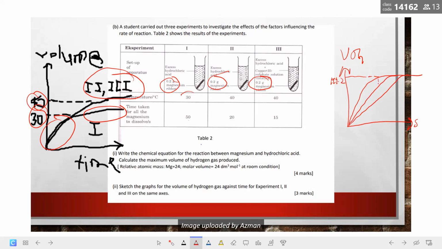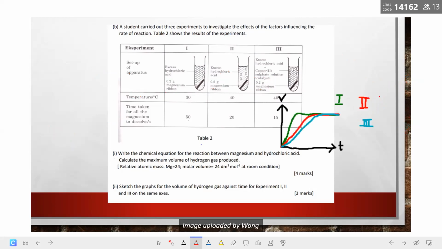This will be my 15 seconds. This will be my 20 seconds. And this will be my 50 seconds. Class, do you understand what teacher is saying here? Yes, all of you.